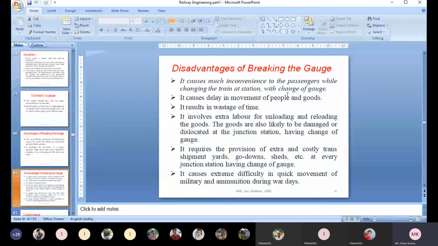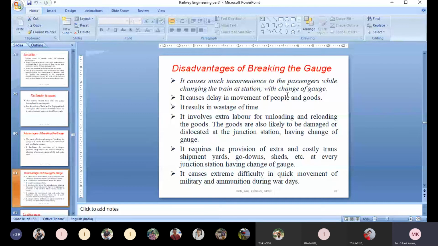It requires the provision of extra and costly transshipment facilities, godown sheds, etc. It means it requires some fixed facilities, like extra and costly buildings, godowns, sheds or parking facilities. Understand now? So all those things may be needed. This also creates financial issues in construction, and also in operation and maintenance.